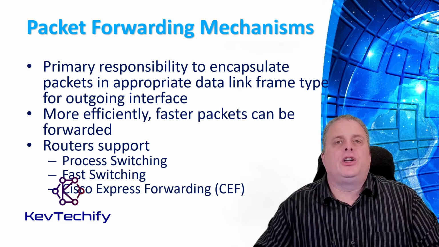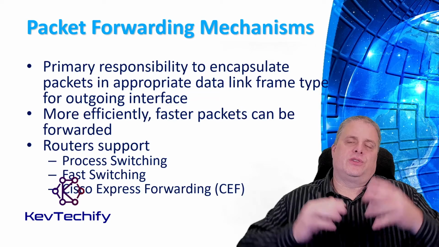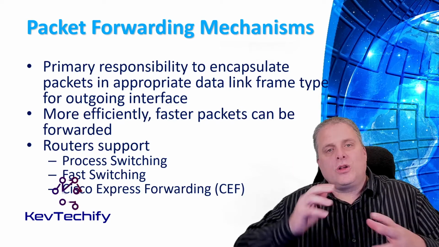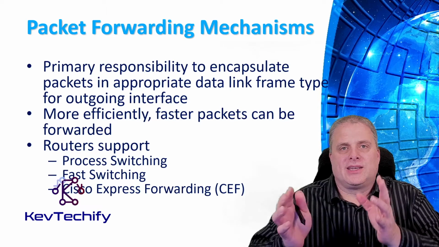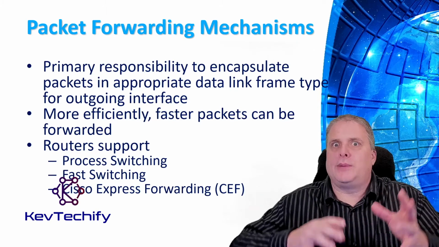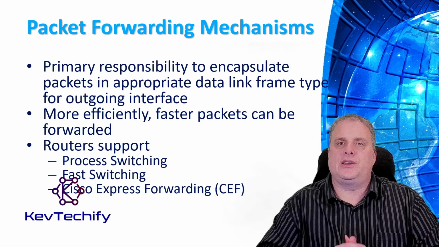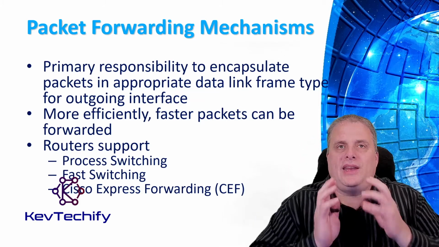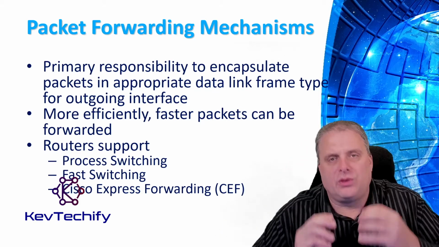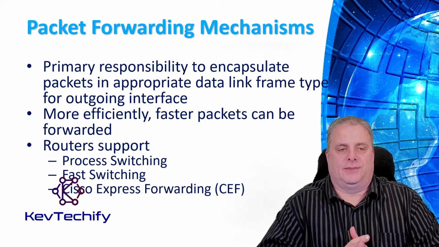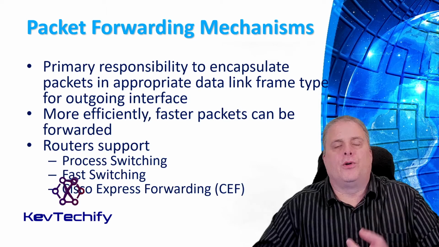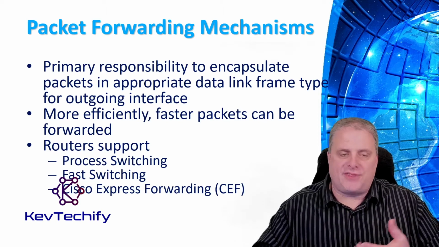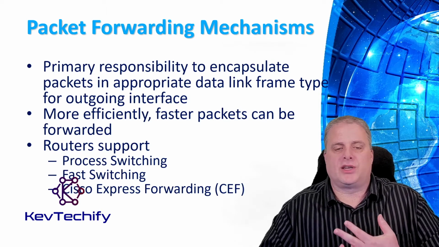But on a larger network with thousands of users and thousands of end devices all sending information, saving a couple milliseconds on each packet times all those packets going through your devices makes for great efficiencies on your network. That lets data get through a lot faster. Now, routers support 3 different types of forwarding mechanisms: process switching, fast switching, and Cisco Express Forwarding.